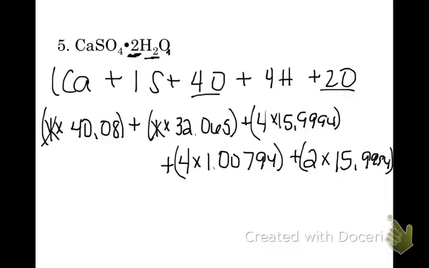So it's 40.08 plus 32.065, and then add in a parenthesis, so 4 times 15.9994, close out that parenthesis, put a plus sign, open up a new one, 4 times 1.00794, close it up, add another one, and then another parenthesis, 2 times 15.9994, and close up that parenthesis, press equal, and when you do, you should end up getting, at least I got, 172.17316 grams per mole.